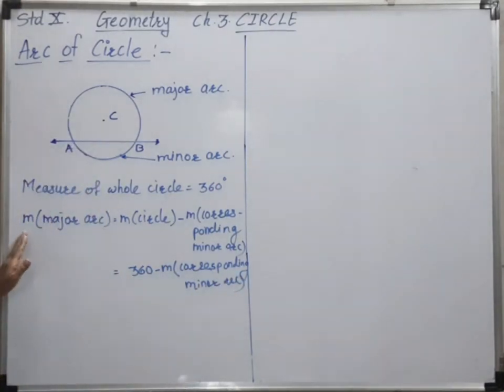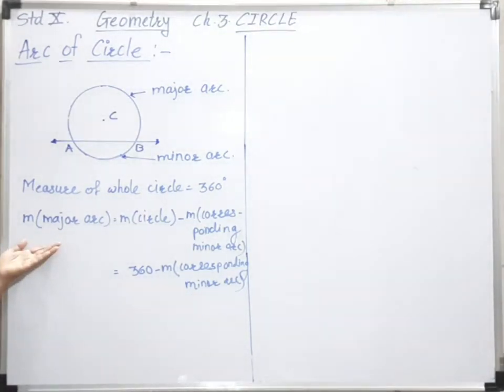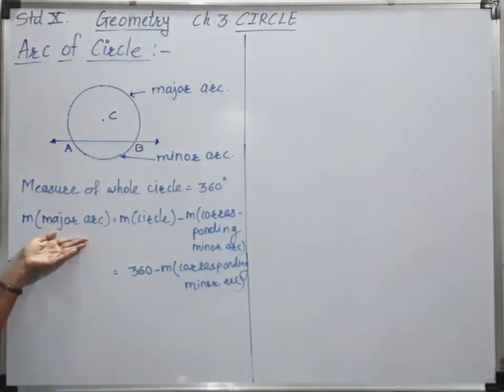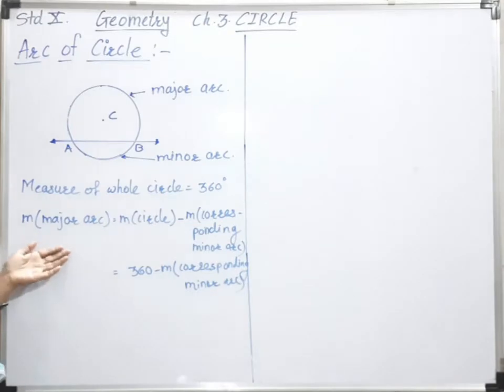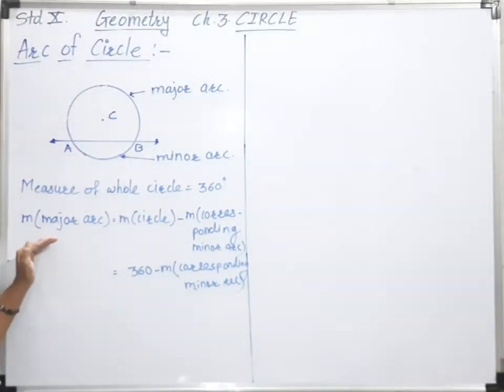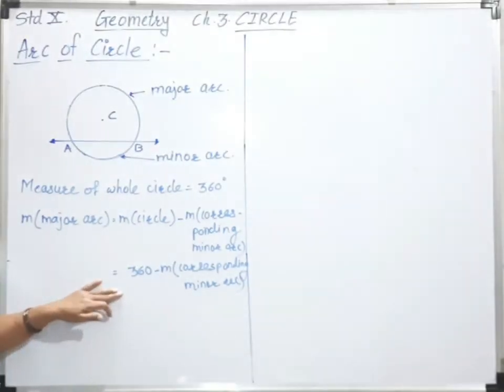Similarly, we can find the measure of the minor arc: if the measure of the major arc is given, we find the measure of the minor arc by subtracting the measure of the major arc from 360 degrees.